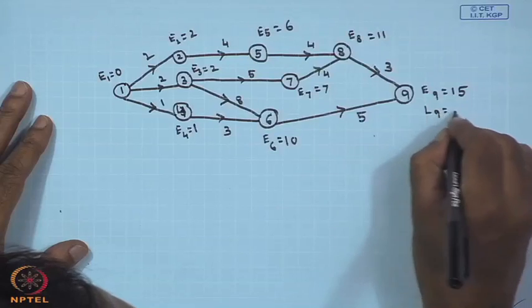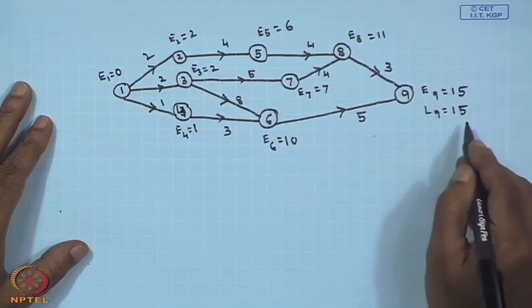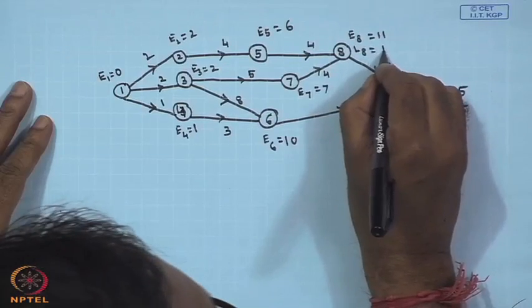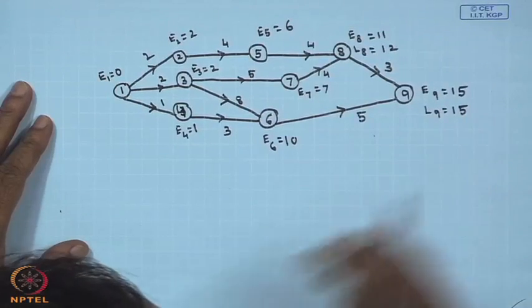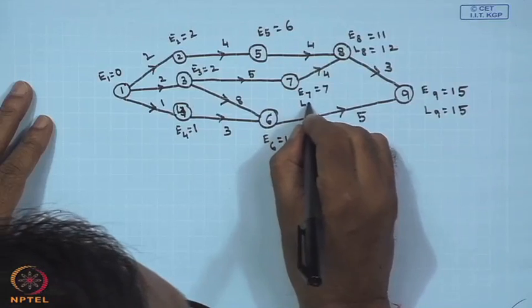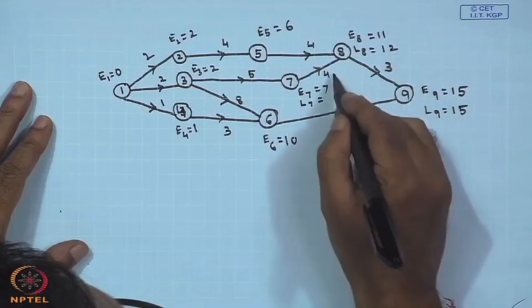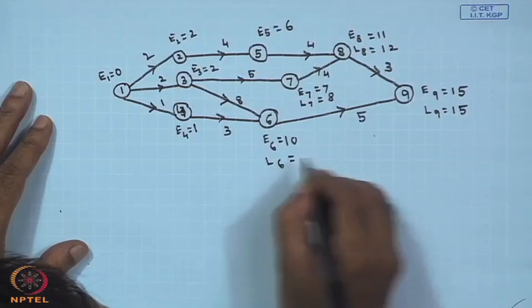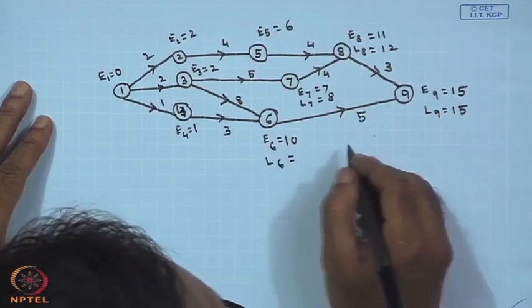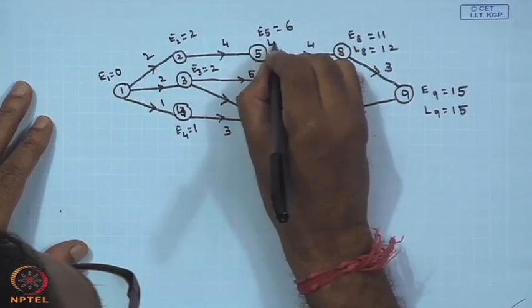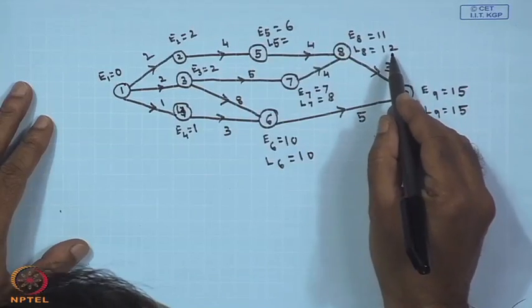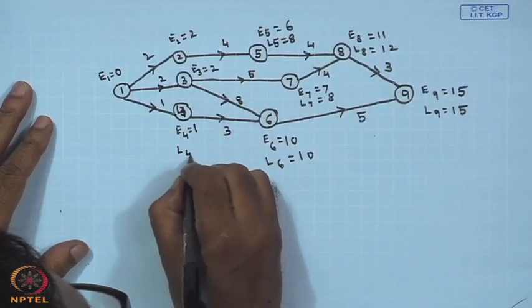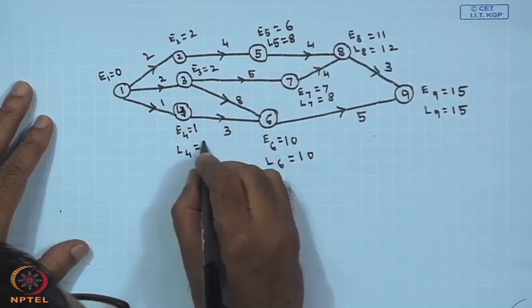From the backward pass, now you can simply calculate. L 9 will be 15, L 8 is 15 minus 3, that is 12, then your L 7 is 12 minus 4, that is 8, your L 6 will be 15 minus 5, that is 10, your L 5 you will get from 12 minus 4, that is 8, L 4 will be 10 minus 3, 7.